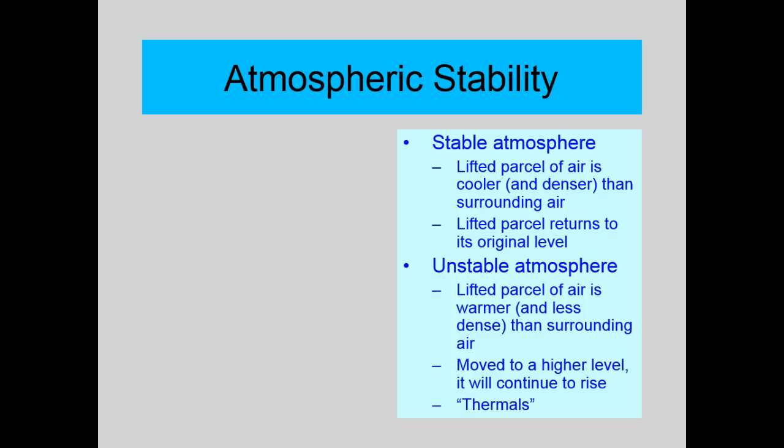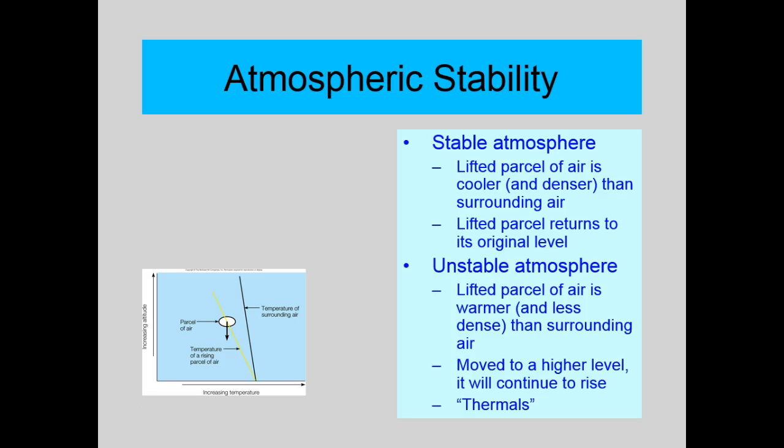It's called a torque, and that then is what creates thunderstorms, tornadoes, or really big scale hurricanes. And that's your unstable situation. These are called thermals, the uplift of the warm, moist air.